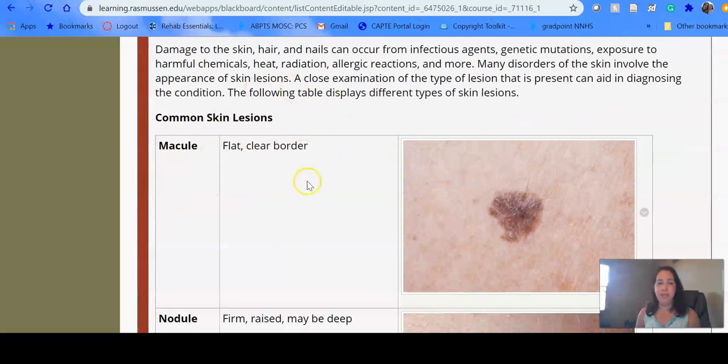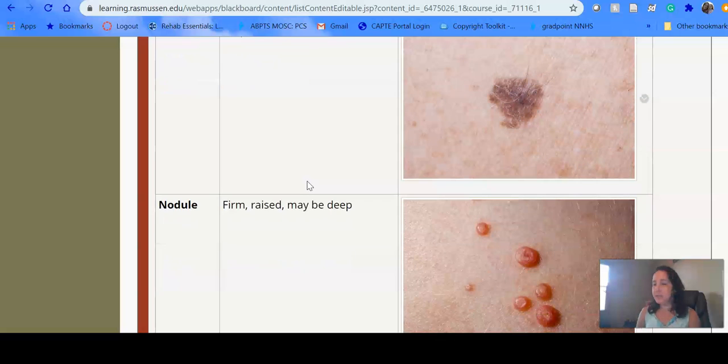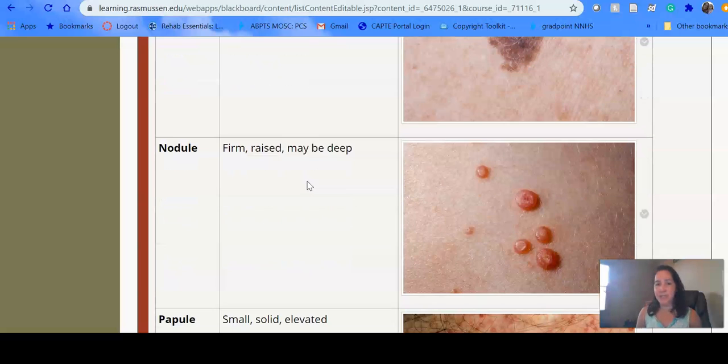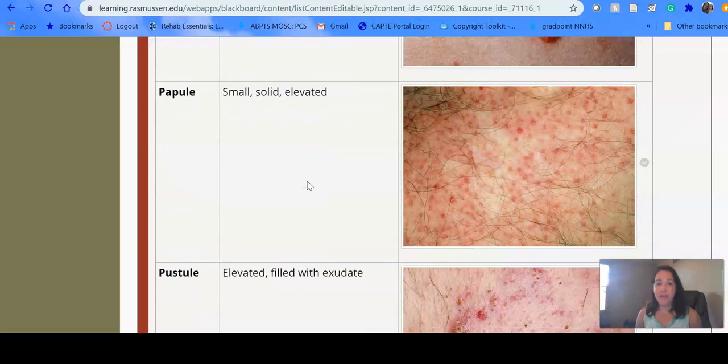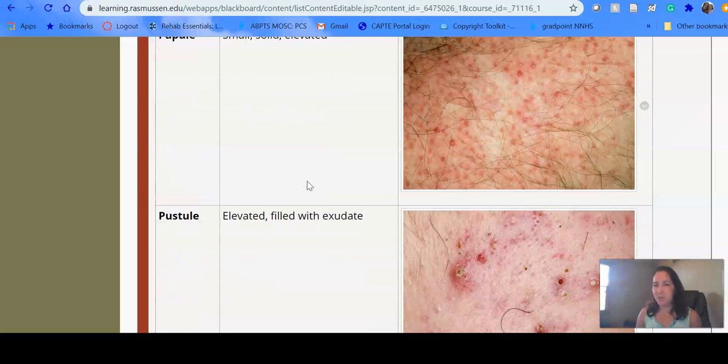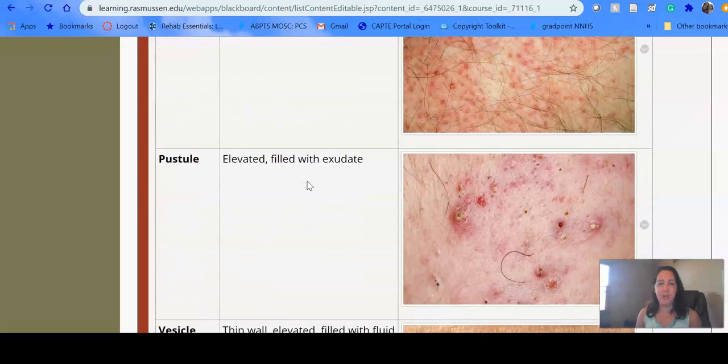These are skin lesions. Some of them are not pathological from the perspective that they're not a disease per se. It might just be a skin lesion that's a normal anomaly, meaning that it's not infectious or progressive or anything along those lines.